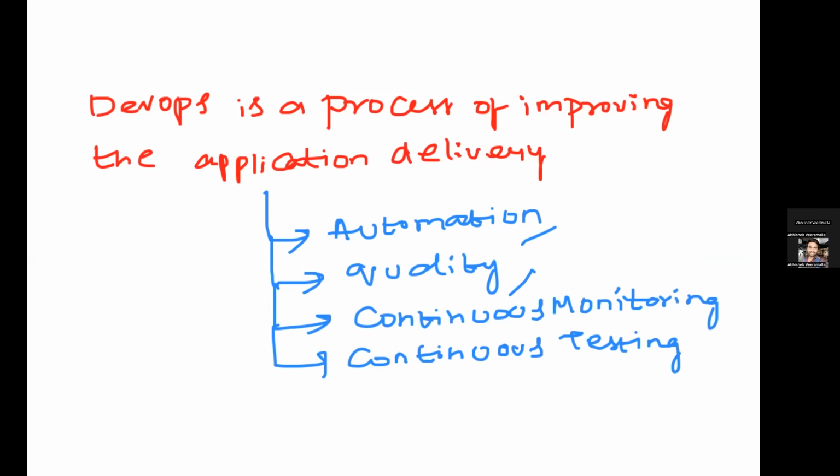Now what will you achieve with all of these things? At the end of the day, your end goal as a DevOps engineer should be that there should not be any manual process, or during your application delivery you have to fasten up your process. Let's say you are hired as a DevOps engineer, so example.com is hiring a DevOps engineer.